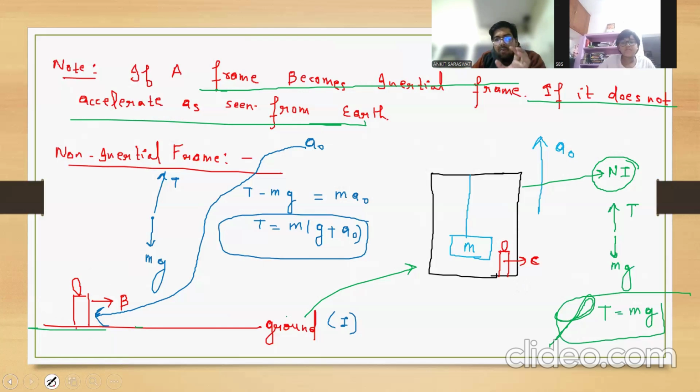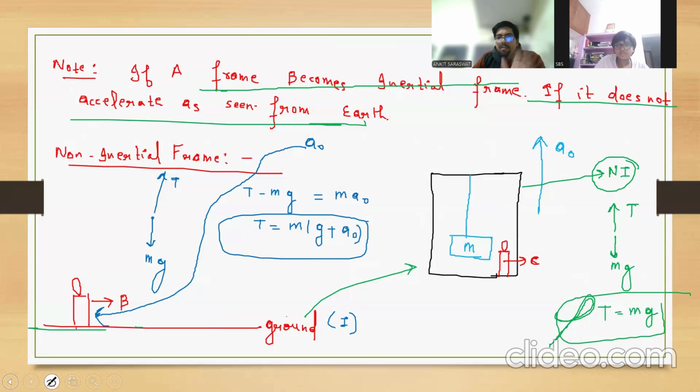I'm telling you one thing. There is a concept of pseudo force. Actually, pseudo force does not exist. We are using the concept of pseudo force to make Newton's law applicable in a non-inertial frame. Clear? So if the observer is in a non-inertial frame, always use pseudo force to make Newton's law valid. That's all.